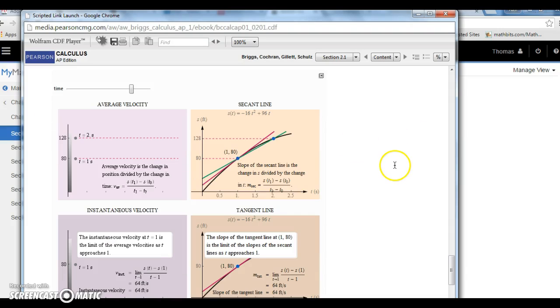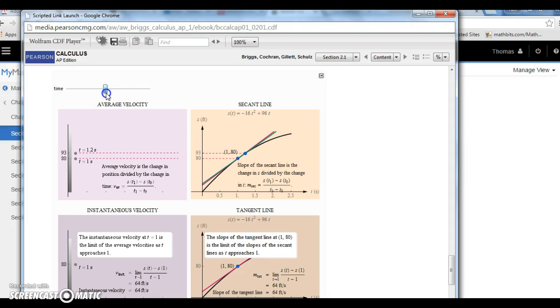So notice here's average velocity. This is the difference between t equals 1 and here's 2.3 seconds, and here's 1 second. As we start averaging over time, the interval between times gets smaller and smaller.